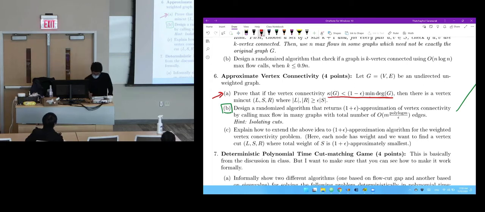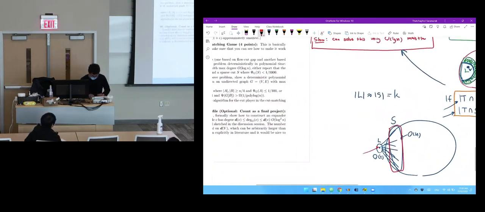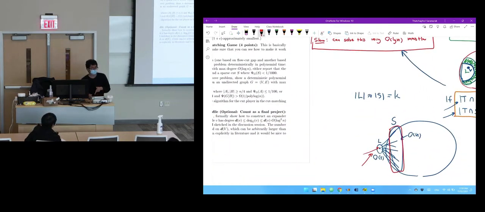then it says that actually there is a min cut such that L is not too small compared to S. So this situation cannot happen.